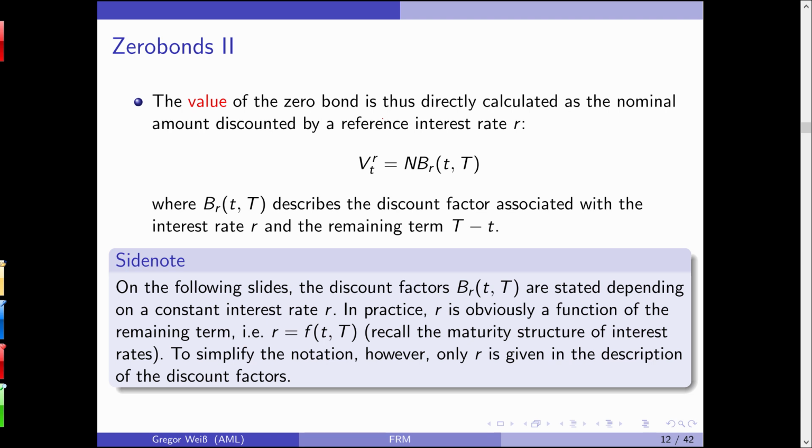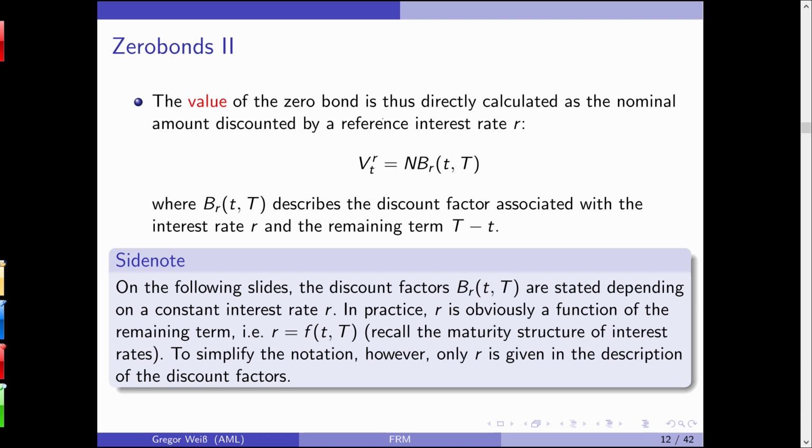So this is a Zerobond. The value of the Zerobond is calculated by taking the notional, and if you have interest rates at hand and you want to calculate the arbitrage-free price, you would need to take the Zerobond price, B_R, from small t to capital T, and this is the discount factor that is associated with the remaining maturity, the remaining term, capital T minus t.